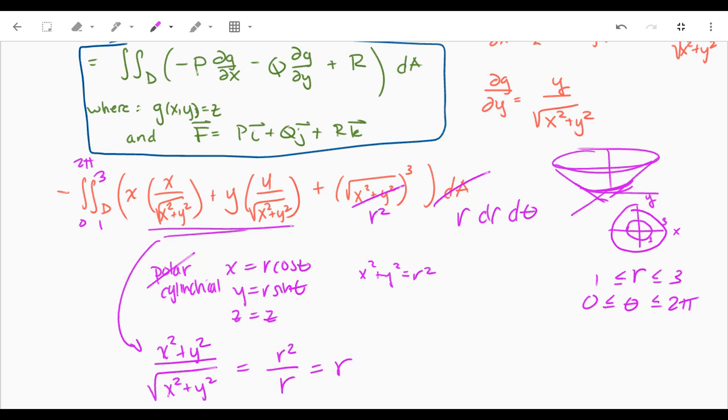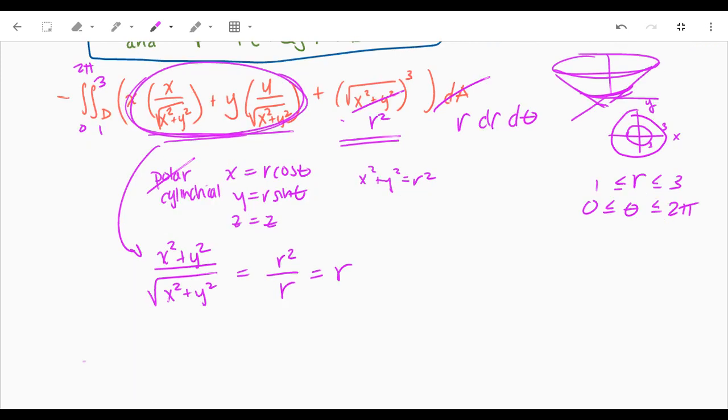Okay, so it actually worked out really nicely, where we just have r plus r cubed. And then our r dr d theta.